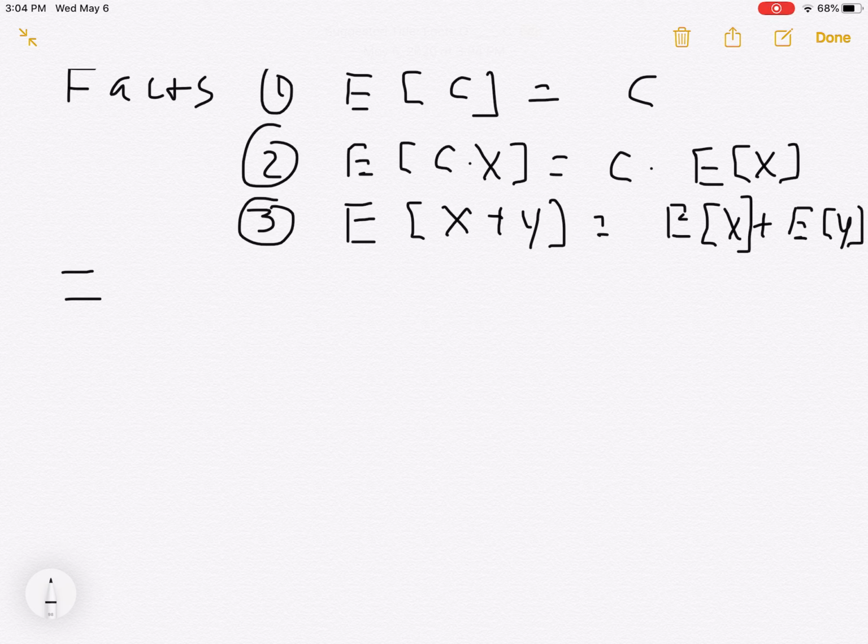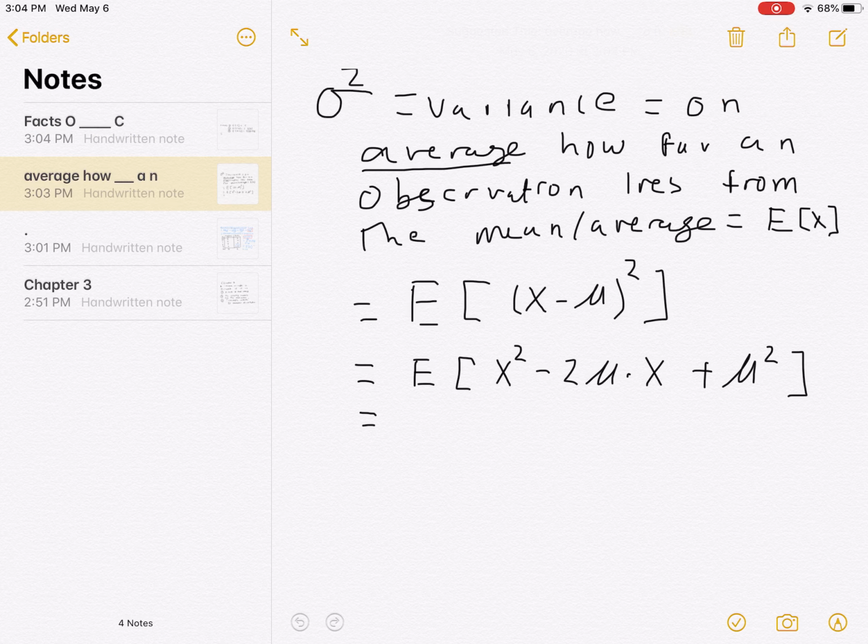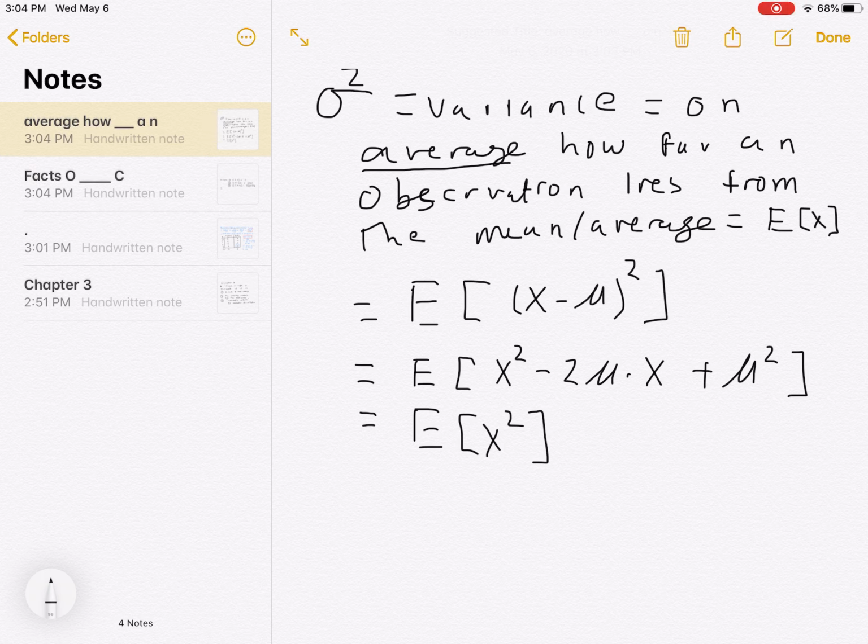Now using this fact and going back to the previous page, we're going to take the expectation of x squared, just applying that third fact, plus the expected value of minus twice mu times x, plus the expected value of mu squared.